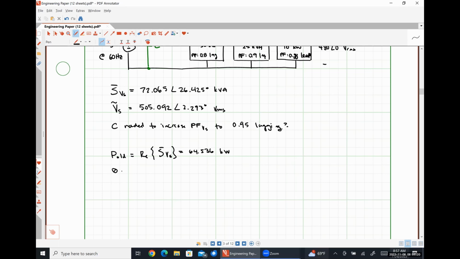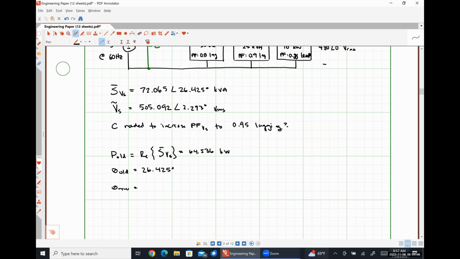Do we have theta old? Exactly right. 26.425 degrees.